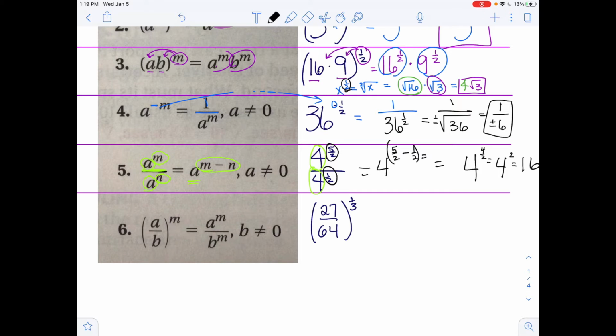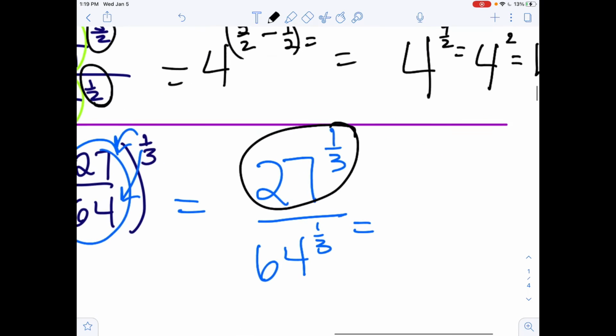And then this last one here, we've got a quotient to a power. So we can distribute that power to both parts of the quotient and get a to the m over b to the m. So let's do that here. We've got a quotient, and we're going to distribute the power to both parts. So 27 to the 1/3 over 64 to the 1/3. Now let's rewrite this fractional exponent or rational exponent.